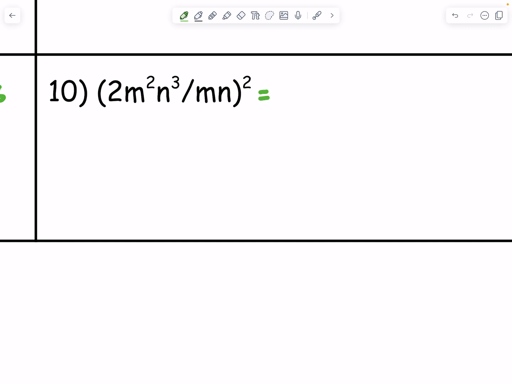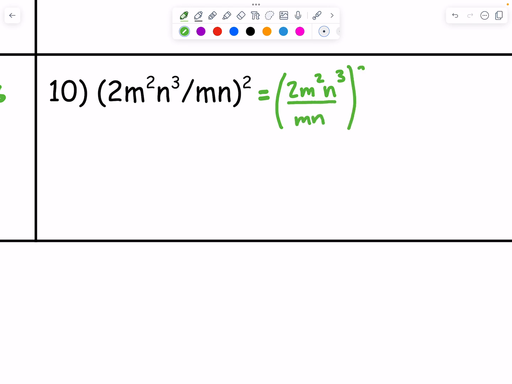Okay, let's look at one more example. Let me get a smaller pen. One second. This is just looking a little crowded. Okay. If we have 2m squared n cubed over mn, and then all of that is squared. So remember that 2 on the outside of the parentheses means everything is squared, not just the m or the n at the bottom.